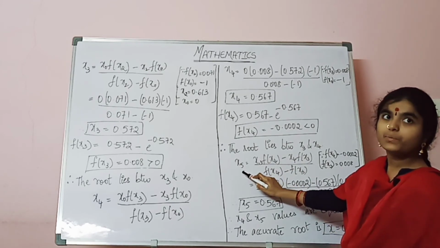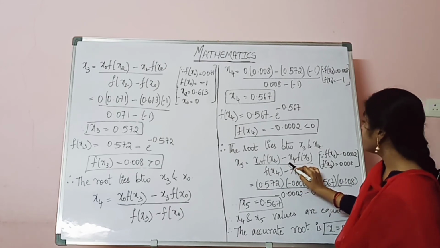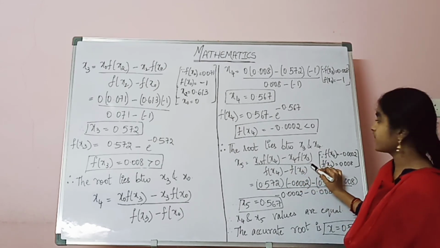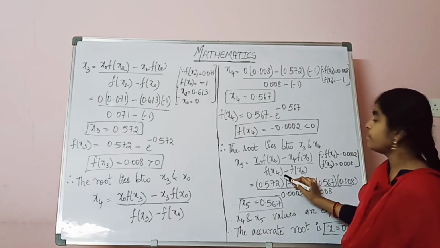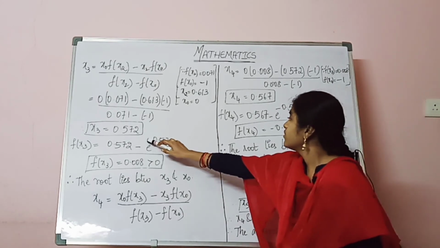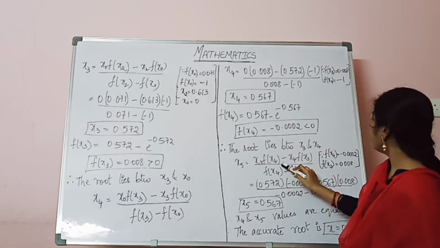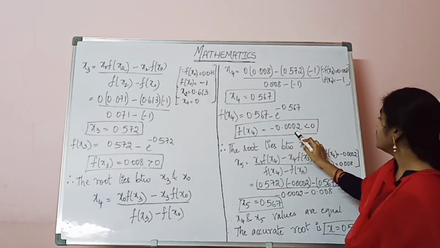So what approximation will we get? x5 equals x3 into f of x4 minus x4 into f of x3, divided by f of x4 minus f of x3. So what is the x3 value here? 0.572 into f of x4. What is the value of f of x4?